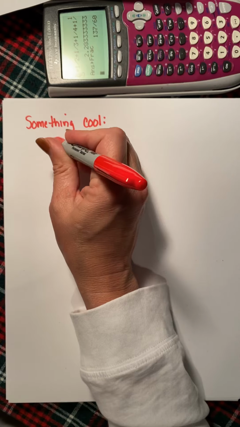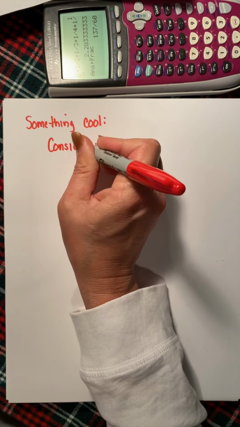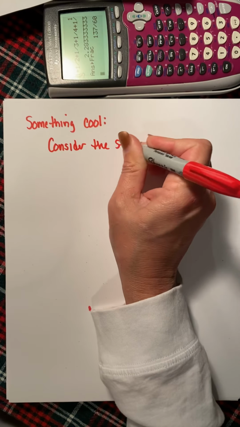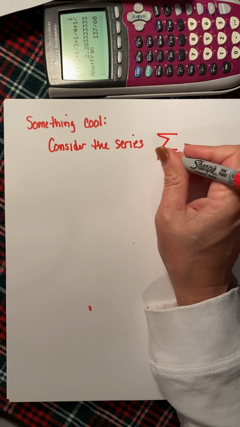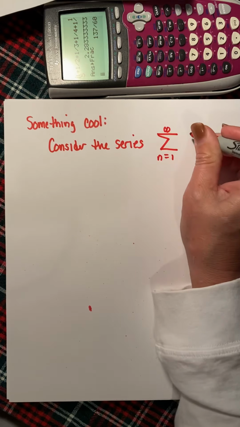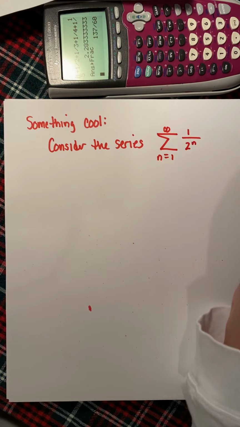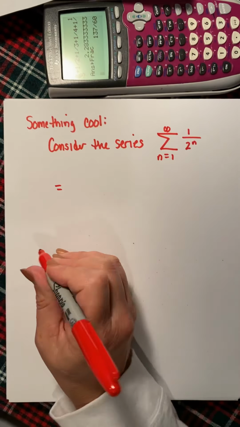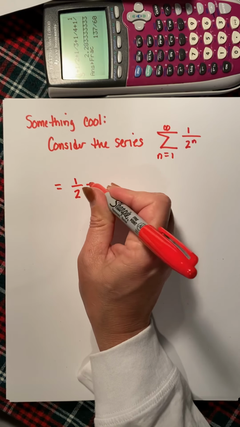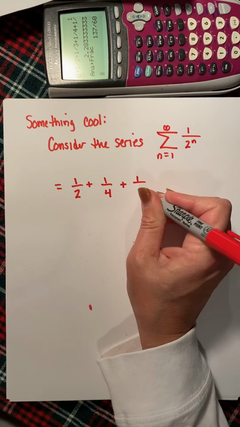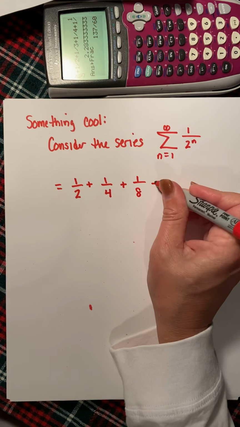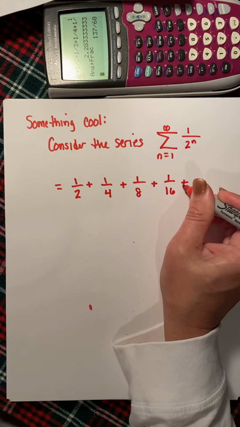Consider the series n equals 1 to infinity, 1 over 2 to the n, which equals 1/2 plus 1/4 plus, if I put 3 in there, 2 cubed is 8, plus 1/16, right?